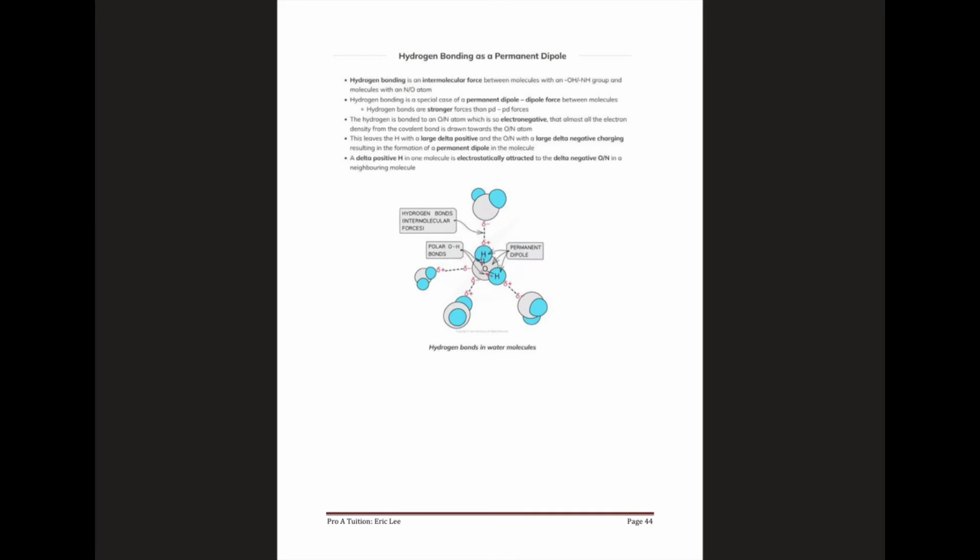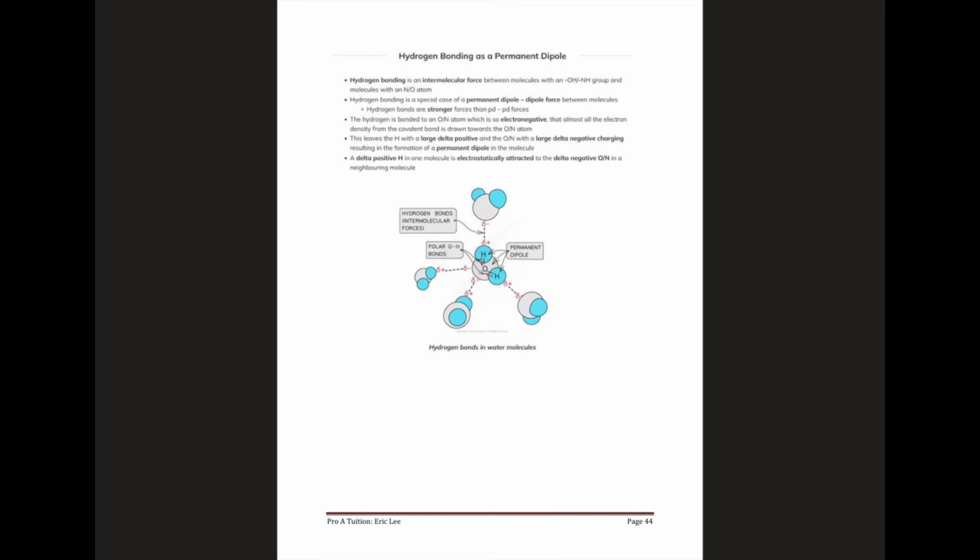It is a separate type. It is not under van der Waals. Although just now the notes say it is a special type of PD forces, we have to put it in different groups. Hydrogen bond and van der Waals forces are two different types of intermolecular forces.